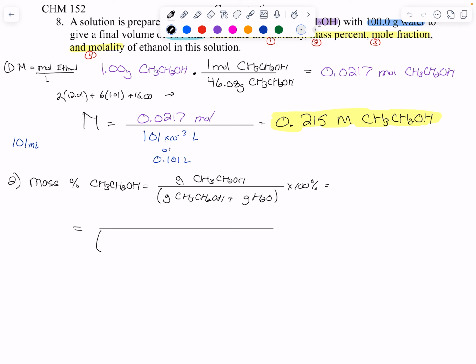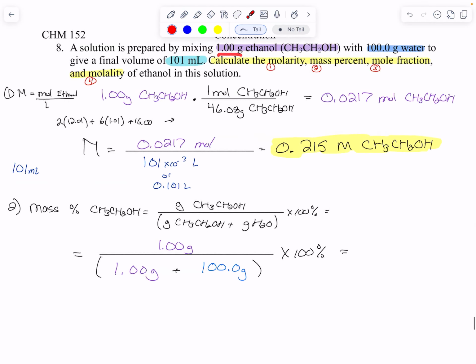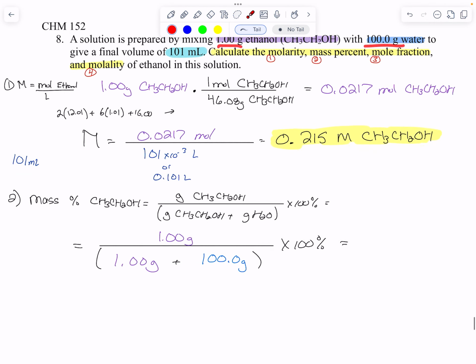Grams of ethanol, 1. Grams of water, 100, because we have 1 gram of ethanol from the problem and 100 grams of water.